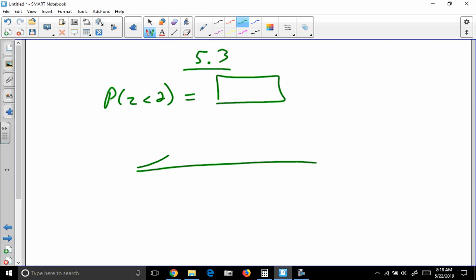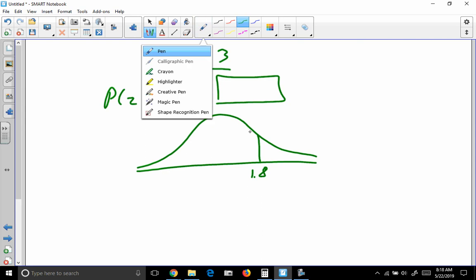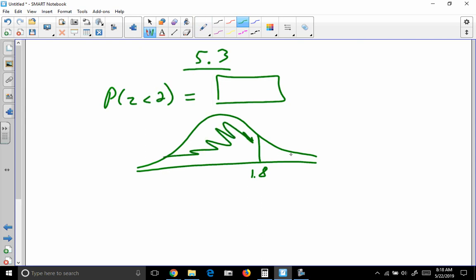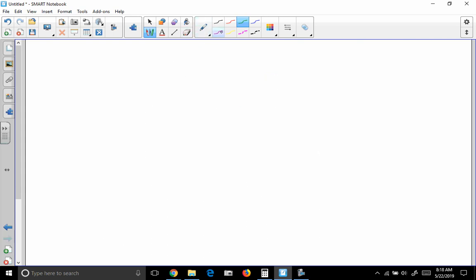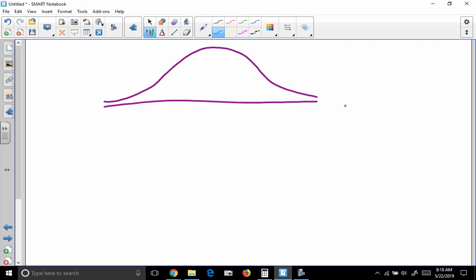We were given sometimes a z-value and asked for an area either less or an area greater than that z-value, which we discussed corresponded to probability.